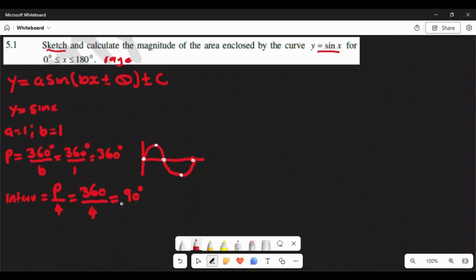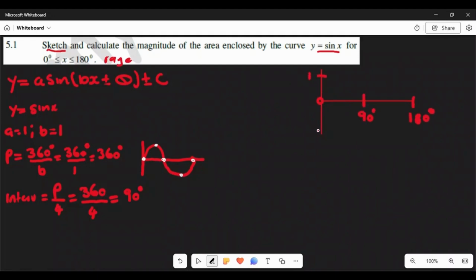So we have our interval and we know how our graph is supposed to look. But don't forget, our range states that our graph should be within 0 and 180. Let's draw our graph here. I'm going to use a different color.